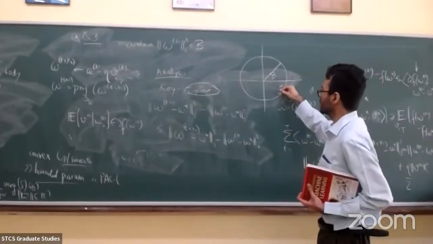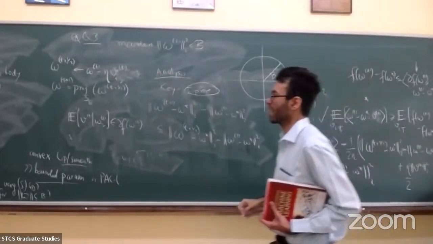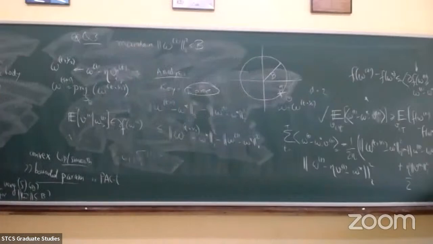So the lemma says that for any point u in the convex body, V is closer than W. This is always true.